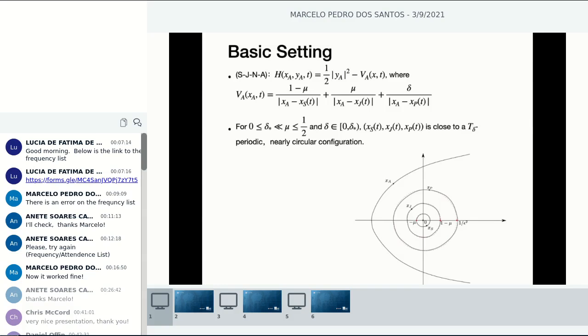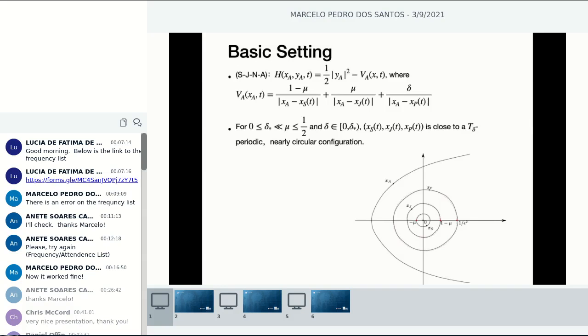Basically, we can normalize the distance between the Sun and Jupiter to 1, and let Neptune be comparably far from the Sun and Jupiter. Here we introduce a new variable epsilon, and let the distance be 1 over epsilon squared.